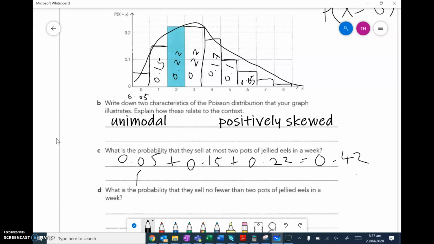So the probability that x is less than or equal to 2 is equal to 0.42. Make sure you're writing these statements. If you just write the probability, that's not enough. You need to write these probability statements too.